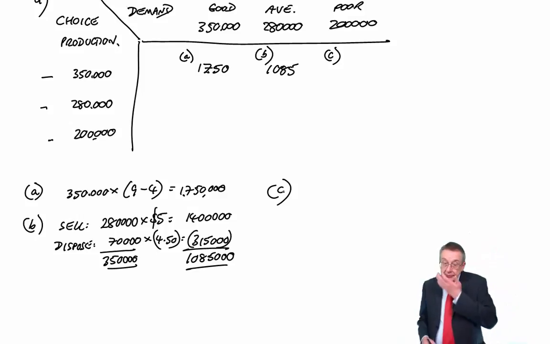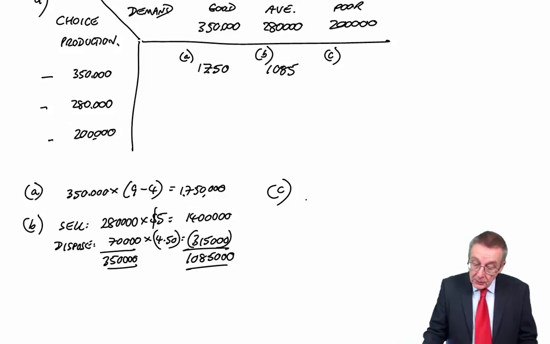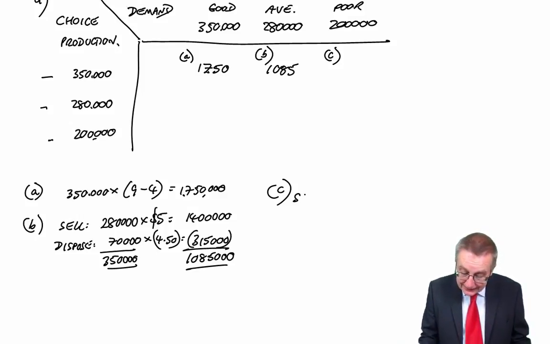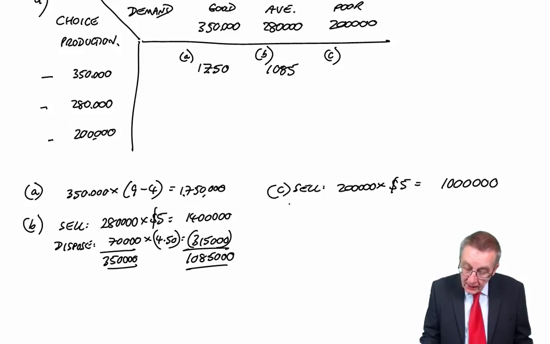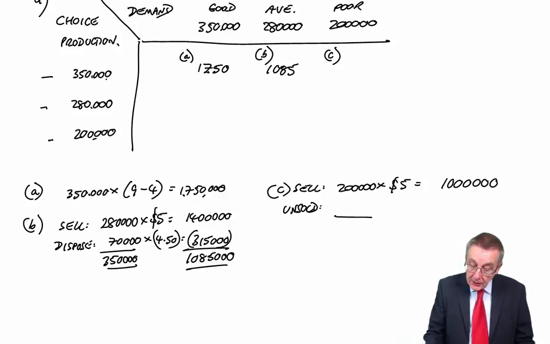We produce 350, but here we only sell 200. So on what we sell, as always, we make $5 a unit profit, so a total of $1 million. But on those that are unsold, again, we produce 350.